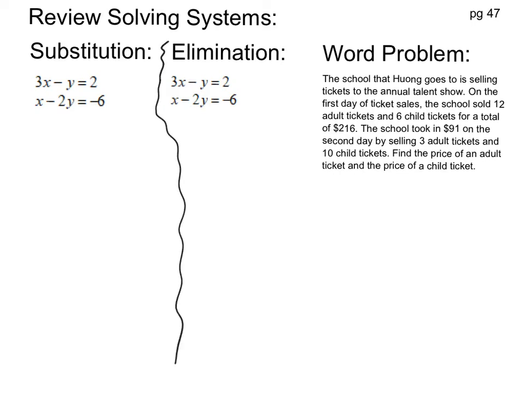Okay, so I'm going to do substitution first. To do substitution, I always tell students to try to select a variable that does not have a coefficient. Naming my coefficients: 3x minus y equals 2. 3x, 3 is a coefficient. Minus y, -1 is your coefficient. The bottom equation, x minus 2y equals -6. 1x, -2y.